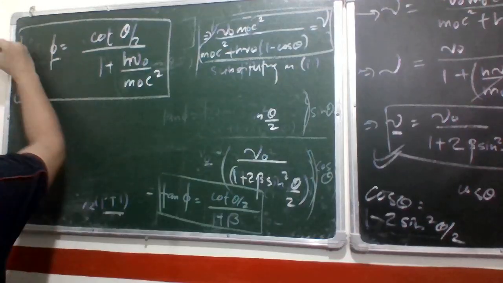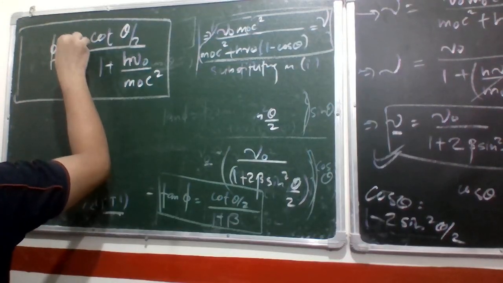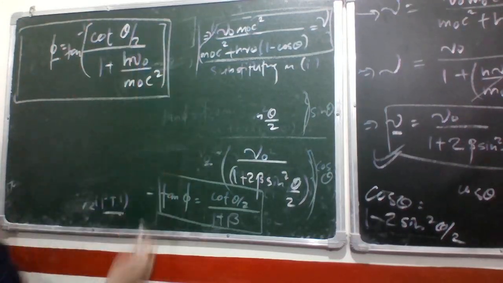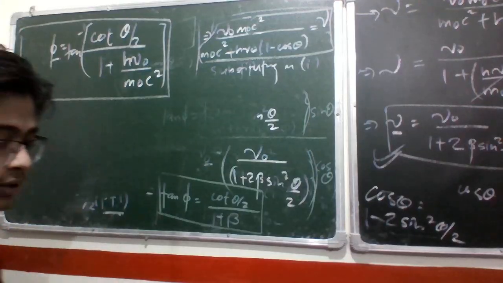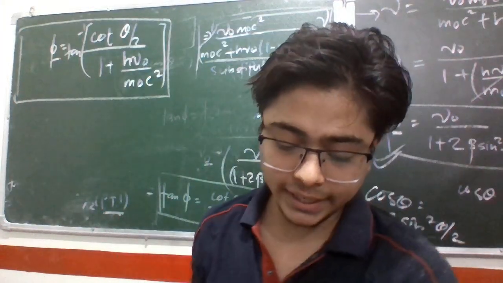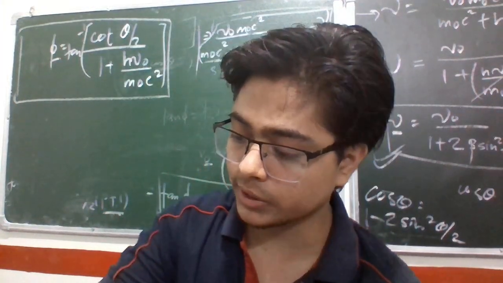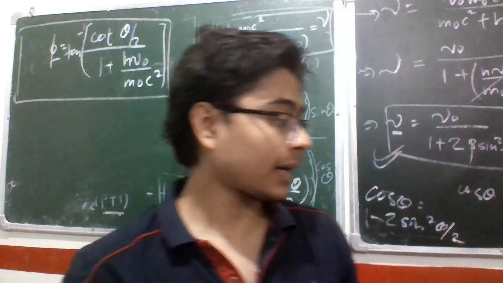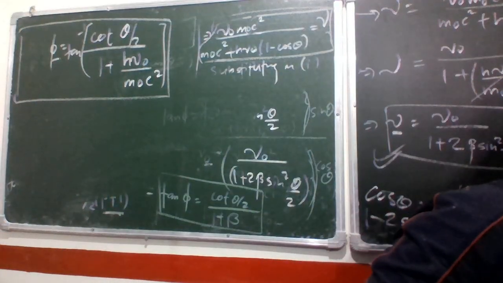So from here we can find out the angle by which the electron recoils when it is struck by an X-ray.